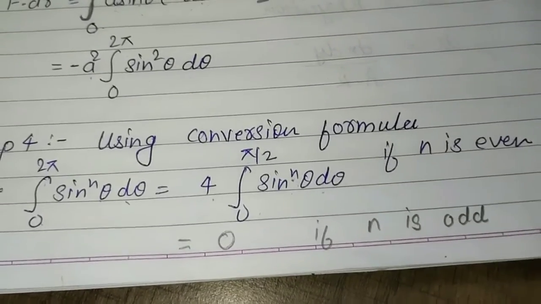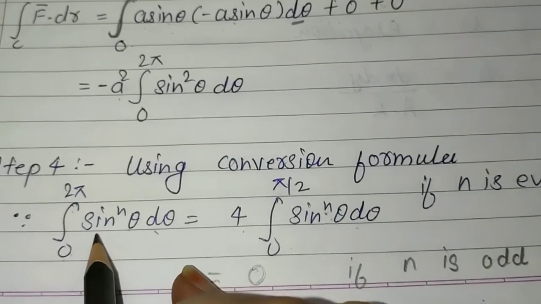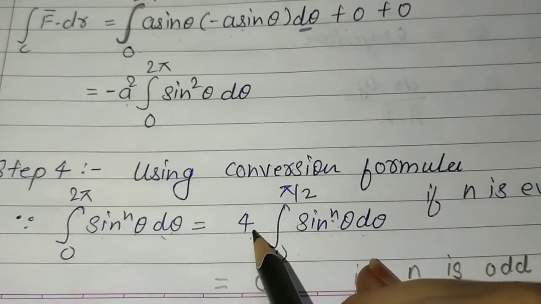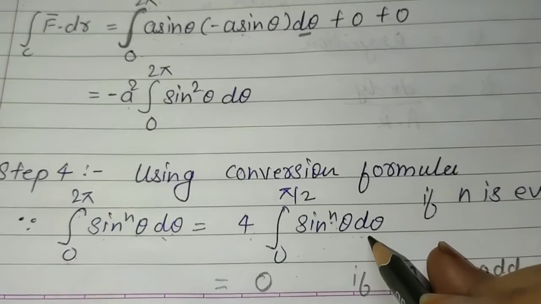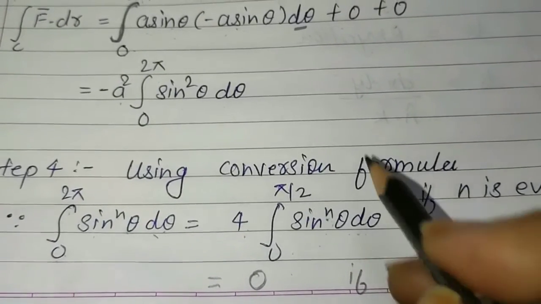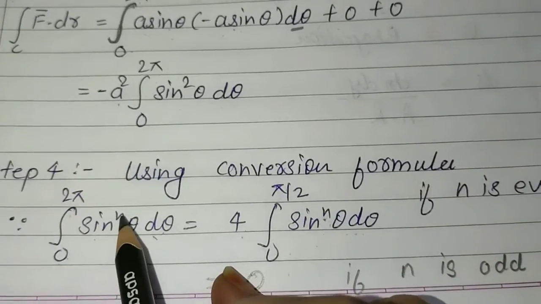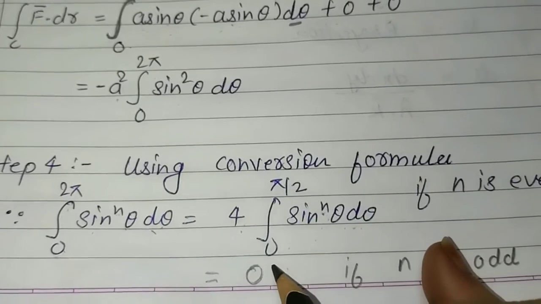If n is odd. Now see here, 0 to 2 pi sin square theta d theta, its value will be 4 times 0 to pi by 2 sin square theta d theta. Why? Because 2 is an even number. If here it were sin cube theta, then its value will be 0.